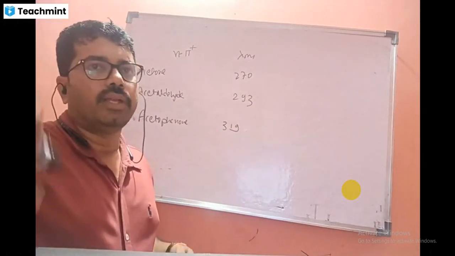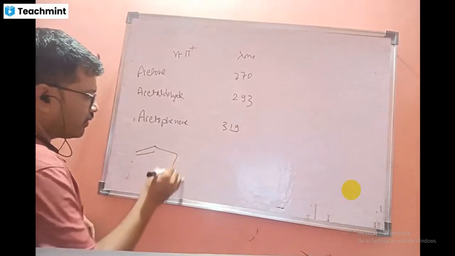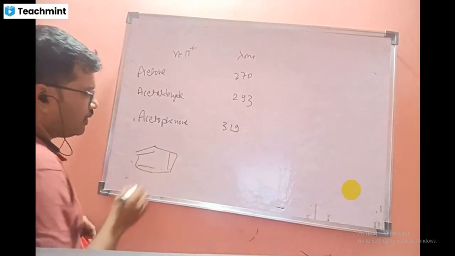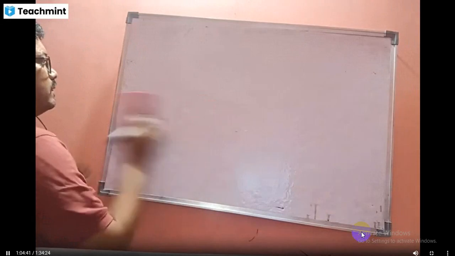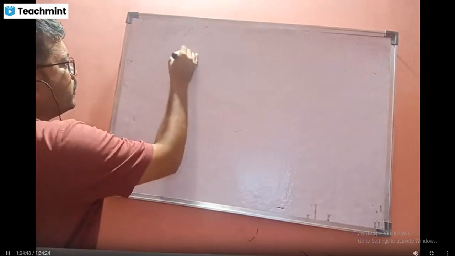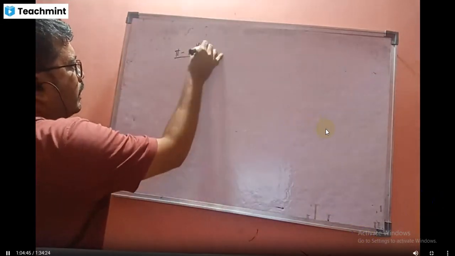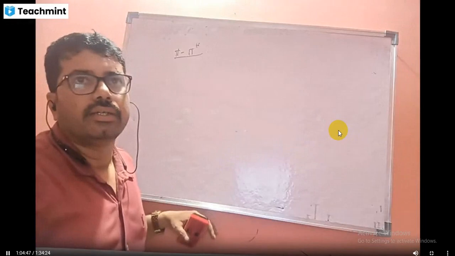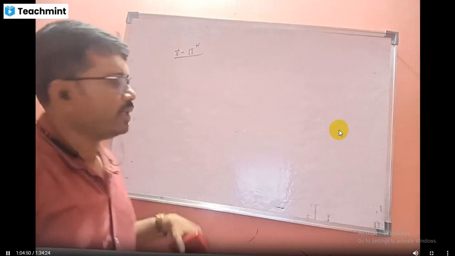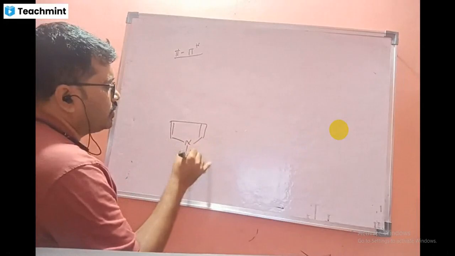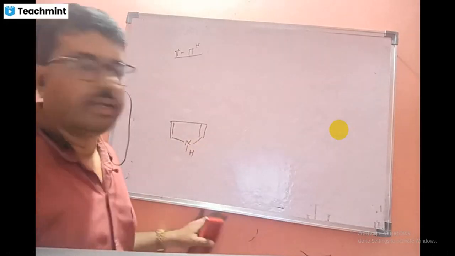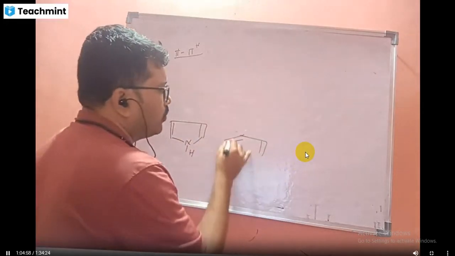Next type: particularly for aromatic, pi to pi star is different in aromatic. So in aromatic or heteroaromatic compounds, pyrrole is heteroaromatic and this is an aromatic compound.